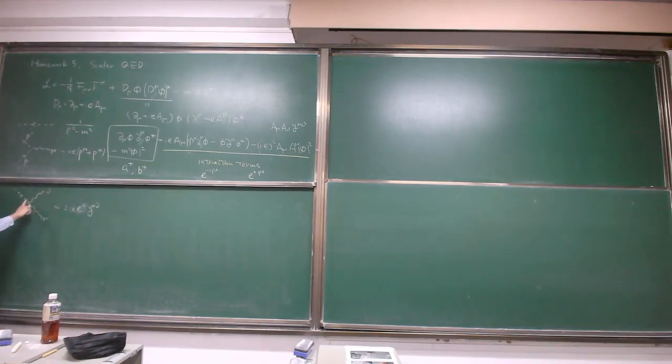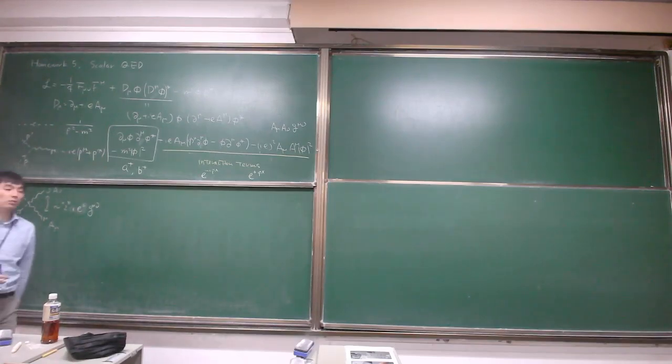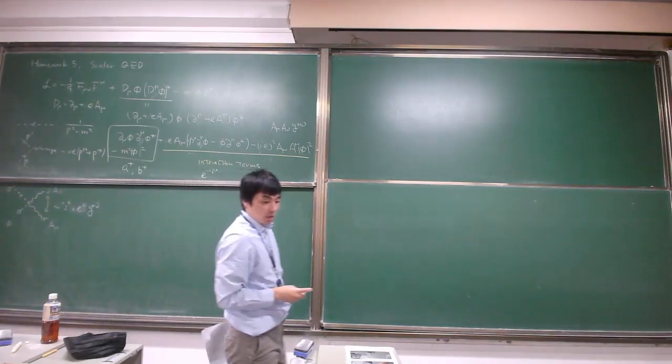So this is the photon propagator, and this is phi and phi star, and this is mu and nu. And the factor of 2 is a symmetry factor, just swapping the two. Okay?